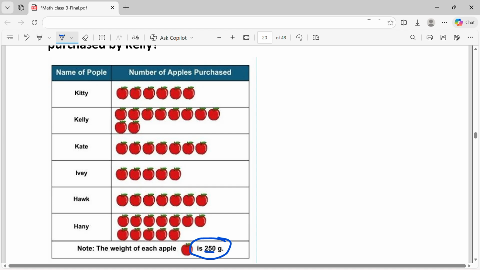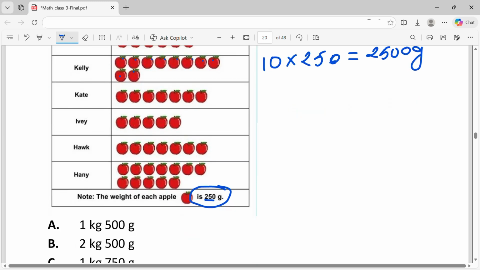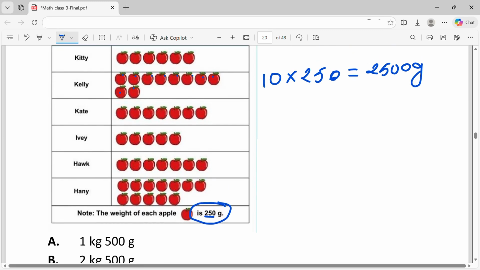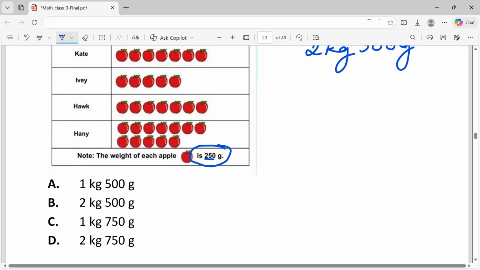So Kelly has 1, 2, 3, 4, 5, 6, 7, 8, 9, 10 apple icons into 250 grams, which is equal to 2500 grams, which converted into kilograms will be 2 kgs 500 grams. That is option B.